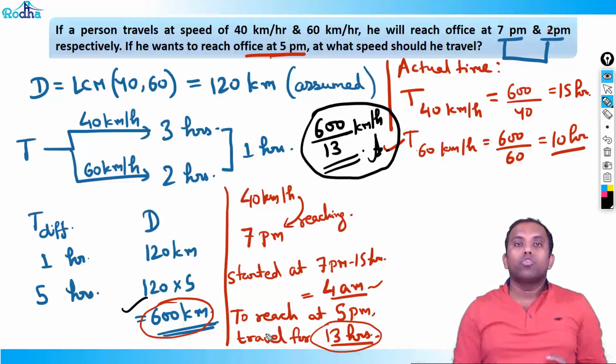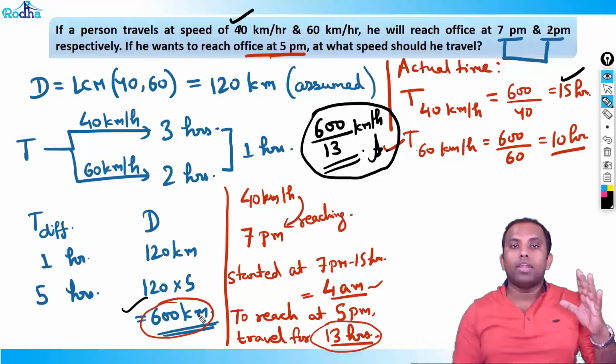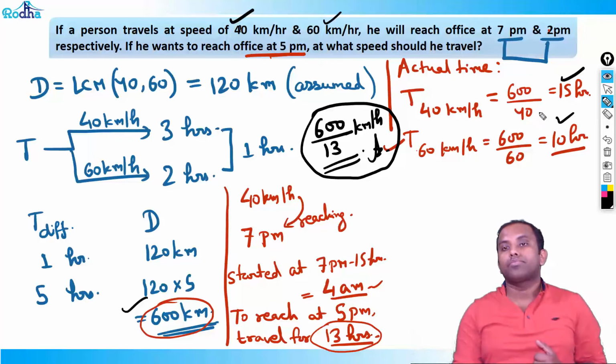So he is traveling 600 kilometer at the speed of 40 kilometer per hour. How much time will he take? 15 hours. At the speed of 60 kilometer per hour, how much time will it take? 10 hours. You can take either one.